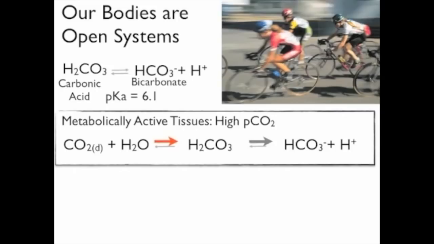Now, metabolically active tissues create a large amount of carbon dioxide. When carbon fuels are broken down, carbon dioxide is one of the waste products of this catabolism. And you say this by saying high partial pressure of carbon dioxide, because carbon dioxide is a gas. Anyway, metabolically active tissues produce a high amount of carbon dioxide, and so they have a high partial pressure of carbon dioxide.